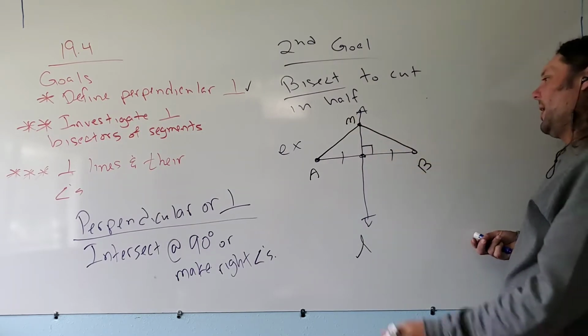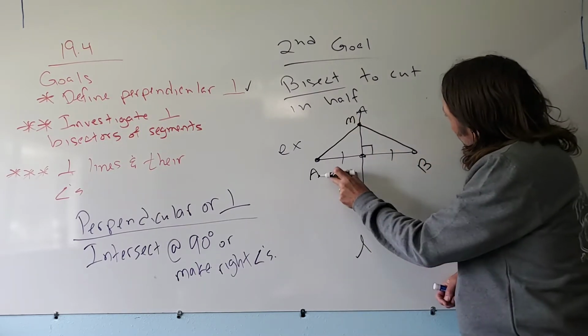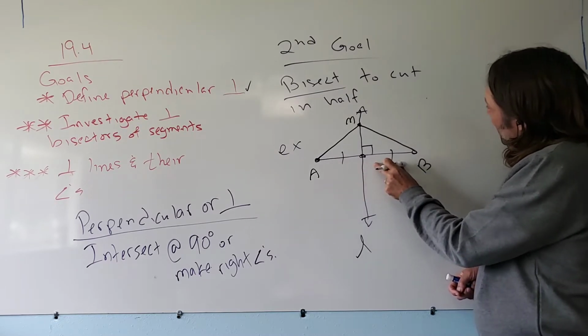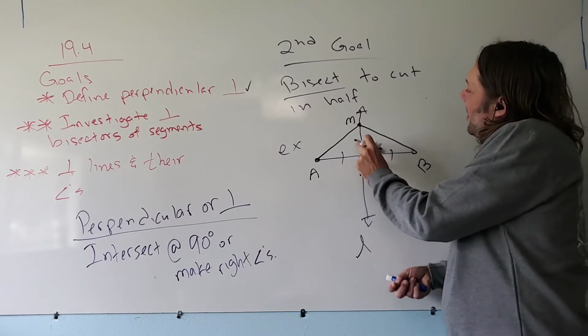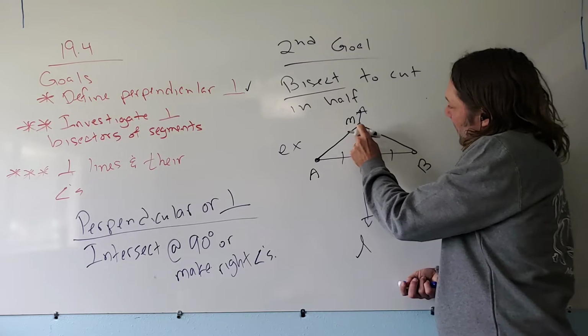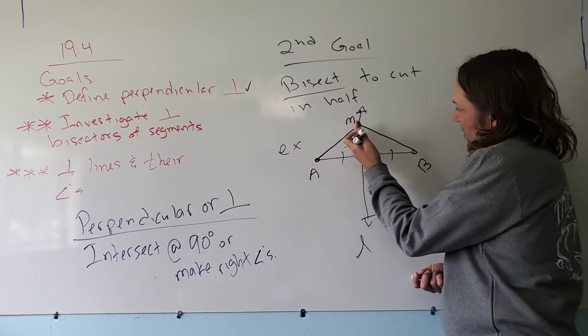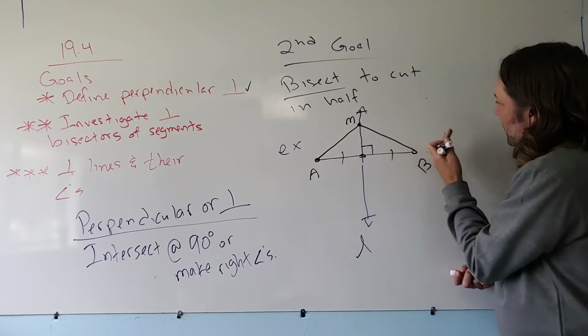And so, if we were to consider this length, we would know that it would be the same as that length. And if we were to consider this length for this triangle, it's the same as this length for this triangle.